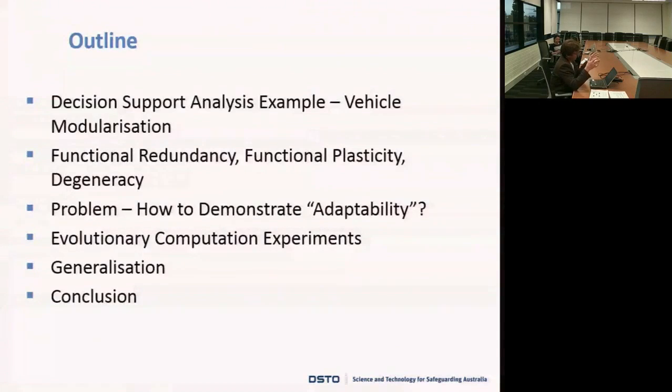Before I then take a long time, as the bulk of this talk, to give you insights into how we went about measuring adaptability and robustness in a particular example in this operations research problem.